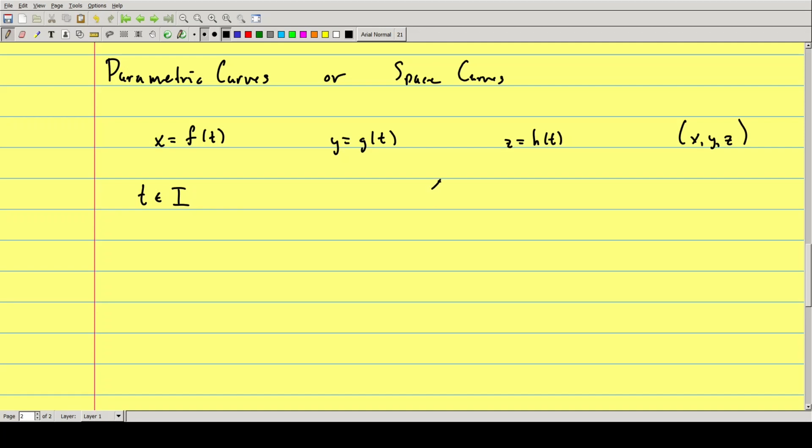Okay, so drawing the picture, we would have some situation, right? And this would be the minimal value in the interval, and this would be the maximal value in the interval. We get some curve.